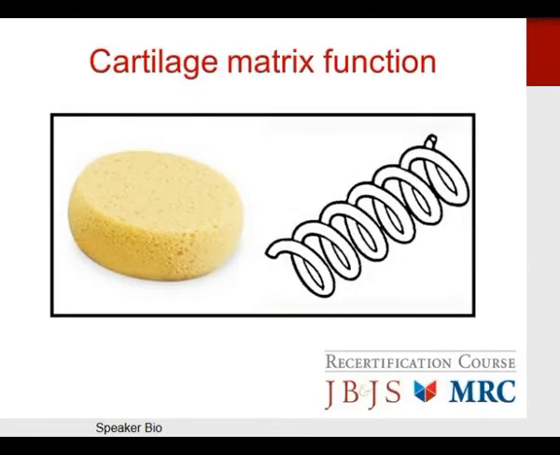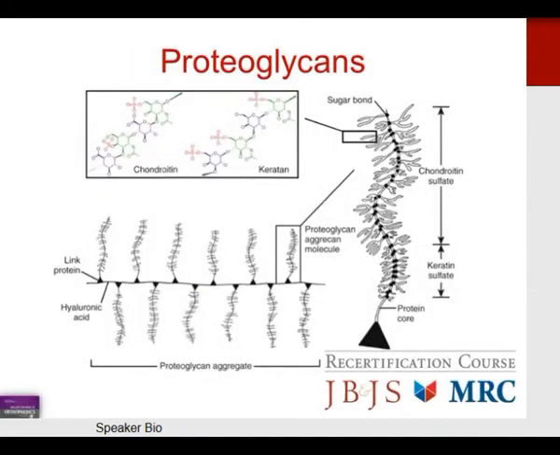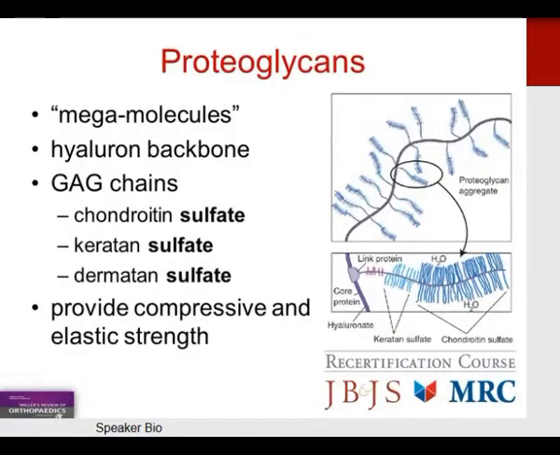The matrix function acts both as a sponge and as a spring. Proteoglycans are what allow that. So these proteoglycans, I'm sure we've all seen these pictures before, are these large macromolecules formed of a hyaluronic acid backbone with glycosaminoglycan chains: chondroitin sulfate, keratan sulfate, dermatan sulfate. The one thing that should be important, all these end in the word sulfate.